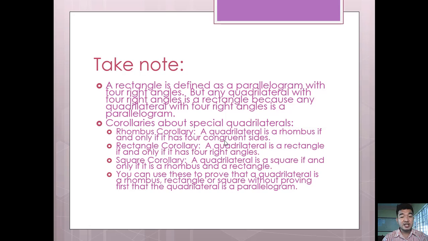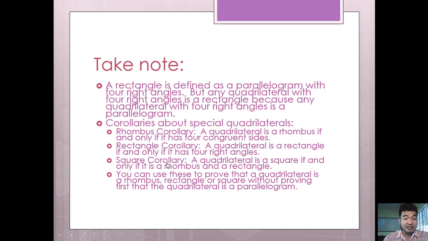Next, you can use this to prove that a quadrilateral is a rhombus, rectangle, or square without proving first that the quadrilateral is a parallelogram. Alright. So, all these 3 corollaries can be used.